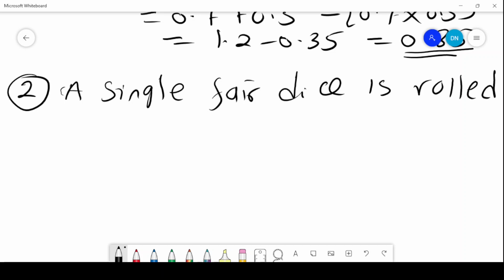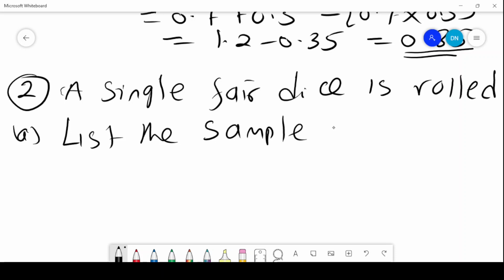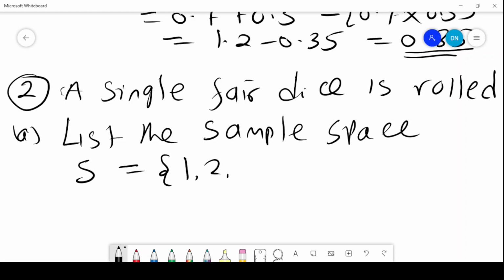Second example, our second example, a single fair dice is loaded. So we have a number of questions. We list the sample space for a single dice, and S is all the numbers that are equally likely to occur.